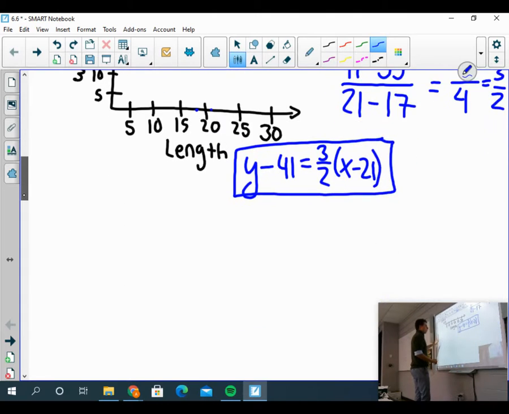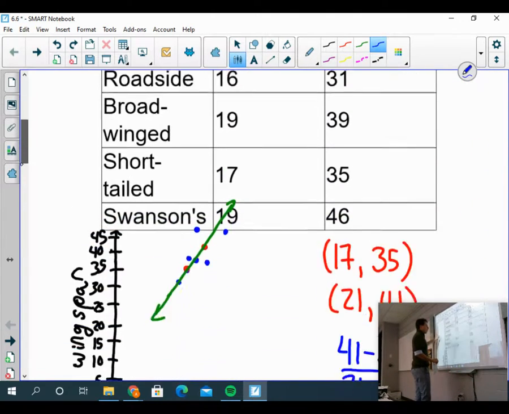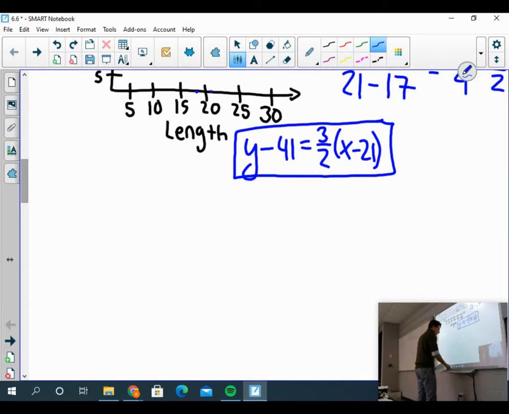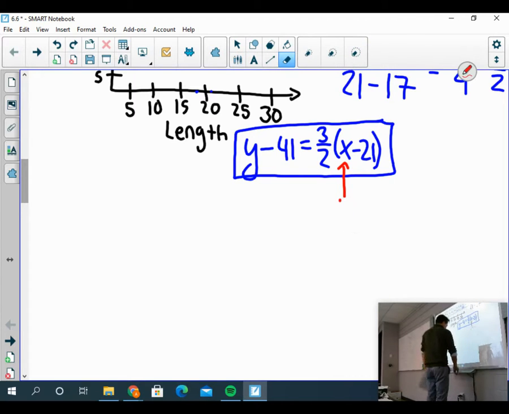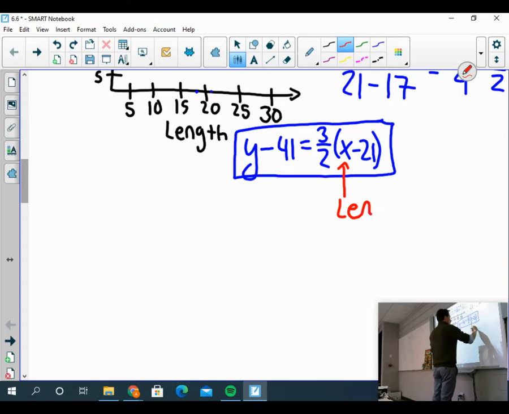So how would I do that? Well, length, remember, is my x value. If I wanted to estimate the wingspan of a hawk that had length 20 inches, I would simply plug 20 in for my x value, since that stands for length, and I would solve.